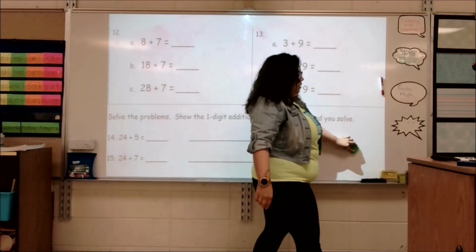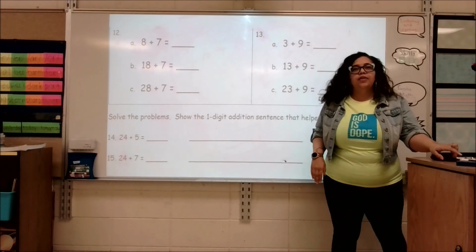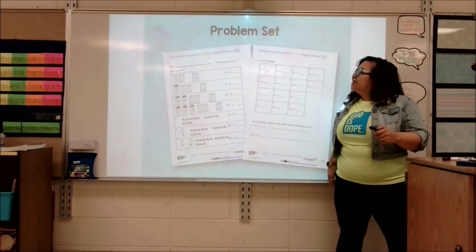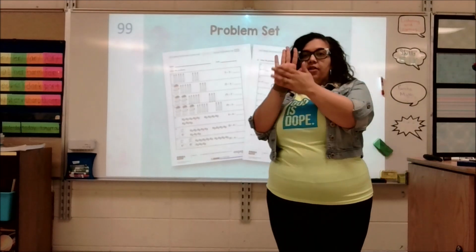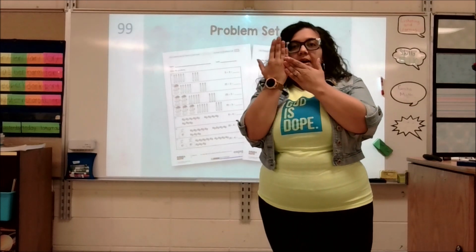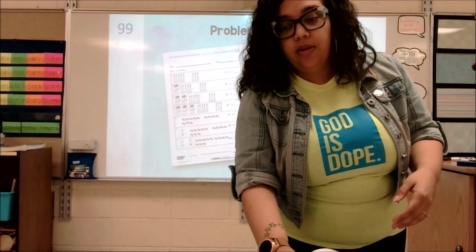Here it is. Your problem set lives on page 99 in your Learn book. So 99 is the front. Flip that piece of paper over so you can also do the back. That's page 100. I'll show you here right now.